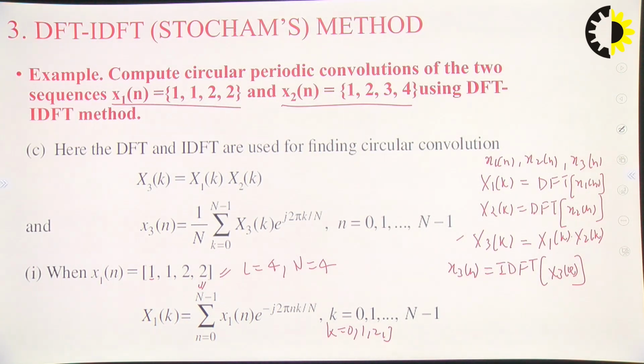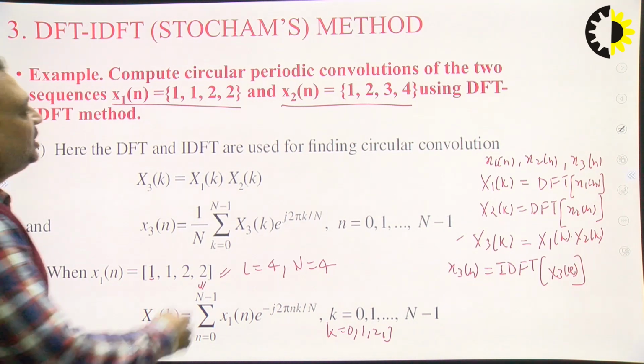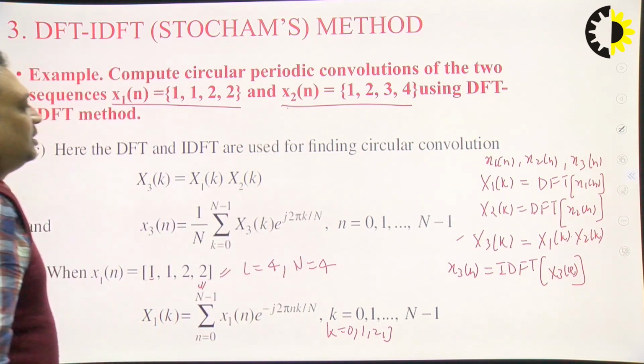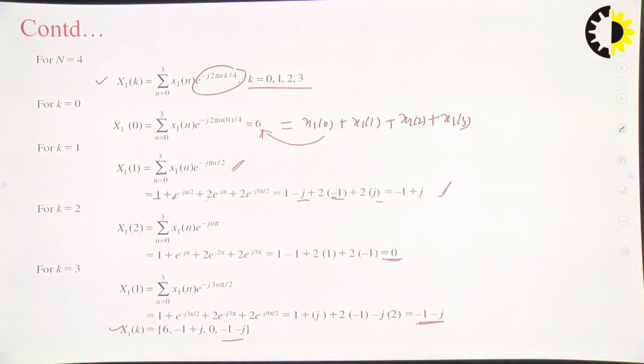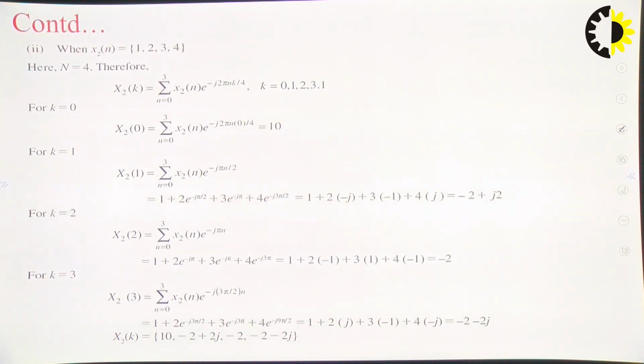Now similarly, we can calculate the value of x2k by taking the 4-point DFT of sequence x2n. Only the values are different, otherwise these things are the same. So similarly for x2n equals 1, 2, 3, 4, here n equals 4, the same formula will be there.